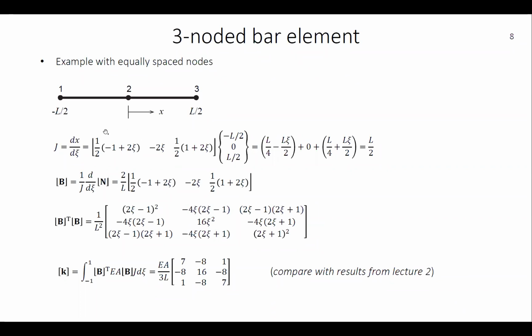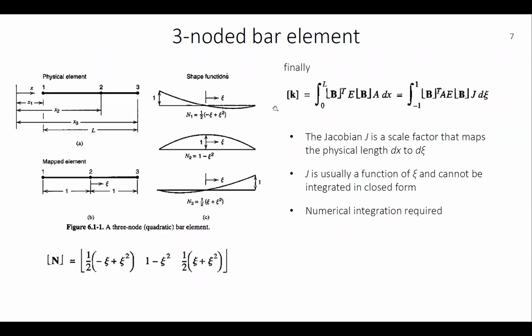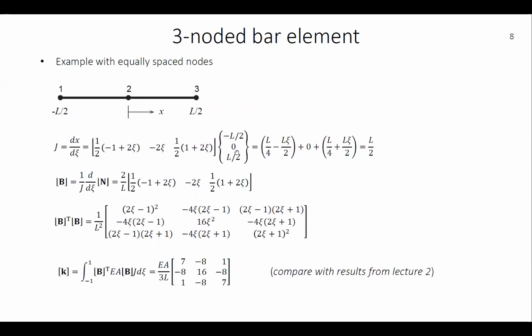So going through quickly here, we had from the previous slides the shape function. So we assume the same shape functions, obviously. We differentiate that with respect to the coordinate xi.